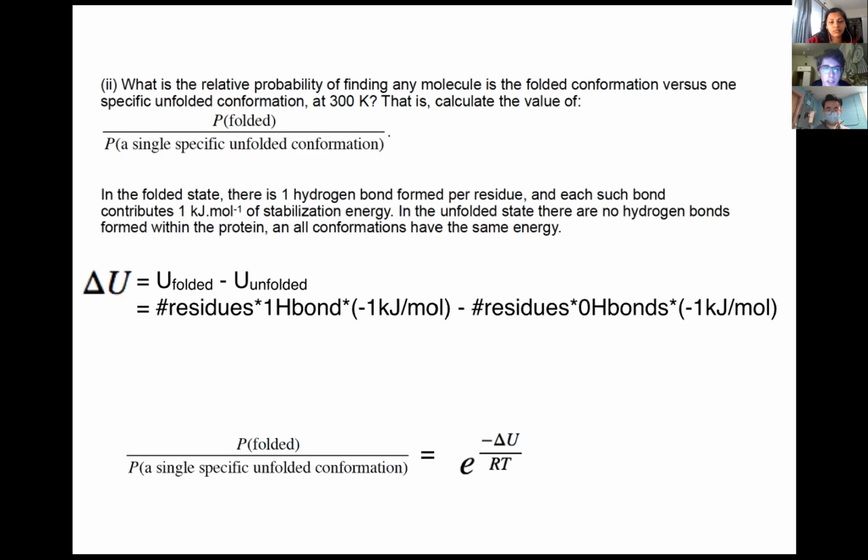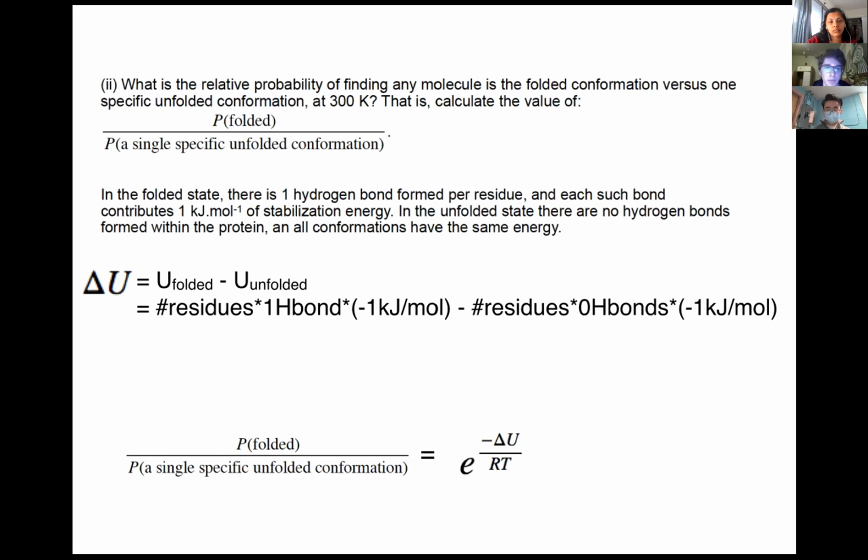And so for the folded, we can separate each energy term, and we'll have the number of residues times the number of H bonds, because each residue will have 1 H bond, and each will contribute -1 kilojoule per mole of stabilization energy. Then the unfolded has 0 H bonds, so it won't contribute anything.